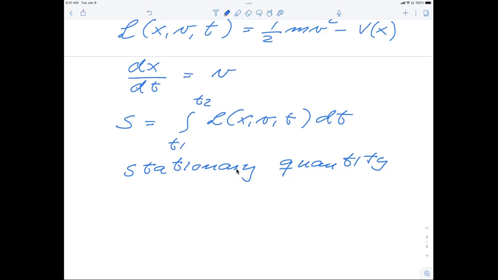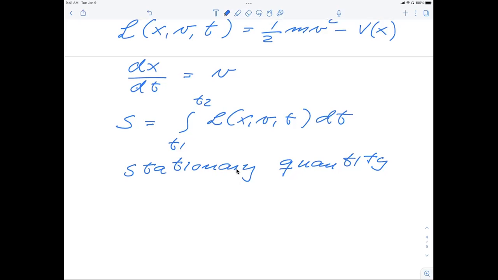Like not changing, not changing as a function of time. So when we say a stationary quantity, we normally mean a quantity which would not change as a function of time. So if I take the time derivative of S, then this function should not change as a function of time. It should stay the same value.